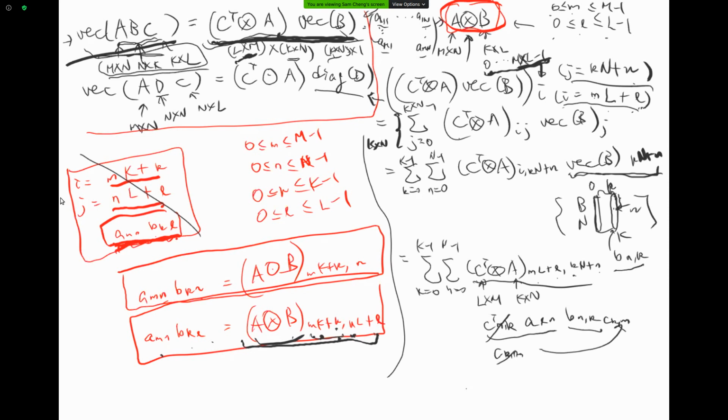So this is the sum over k, m, n. That's of course just A times B times C, right? The lm element of A times B times C, and the lm element, if I look at the vectorized version of that, is equal to vectorized ABC.